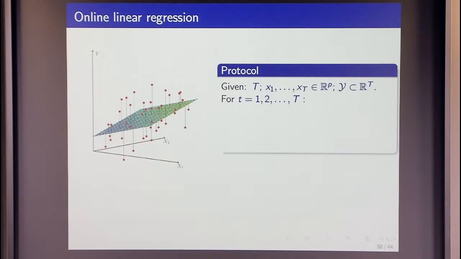And the protocol is, for each round of the game, we make a prediction of what the value yt will be, and the adversary reveals it, and has to satisfy these constraints, right? That the sequence y1 through yt satisfies some constraint. I'll say a little about different constraints in a moment.